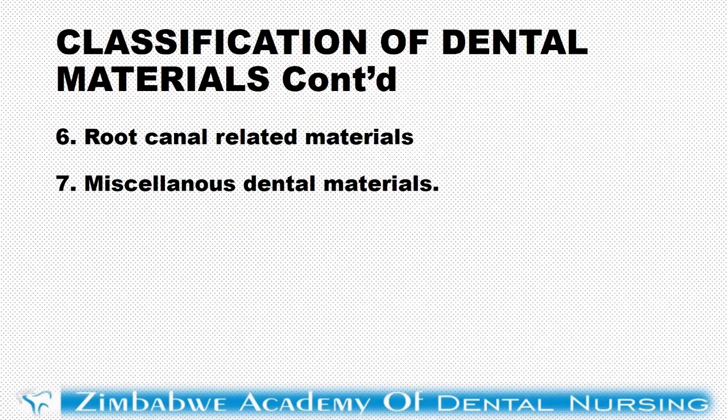We're supposed to call it just dental materials. But indeed, there's a classification for root canal related dental materials, such as root canal sealers. These are cements, rubbers, special rubbers like gutta-percha, paper points, etc., etc. Then we have a miscellaneous type of dental materials, many of them that may not be easily classified.